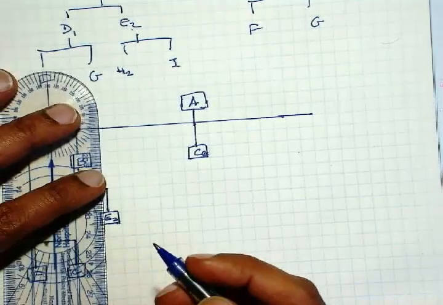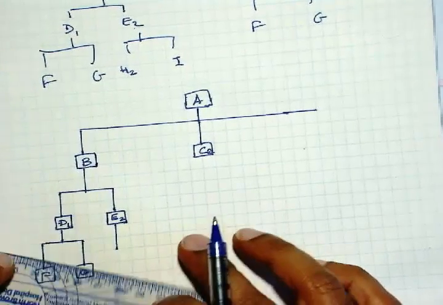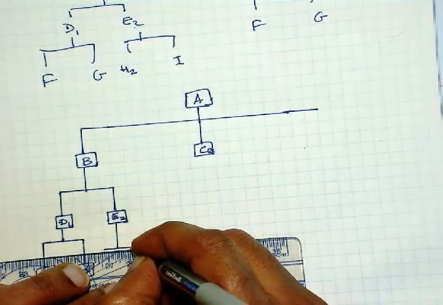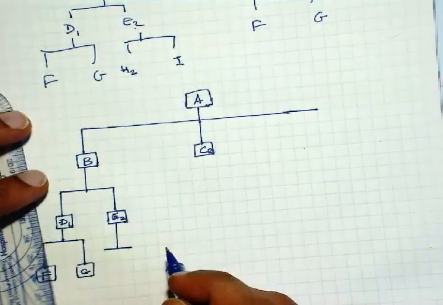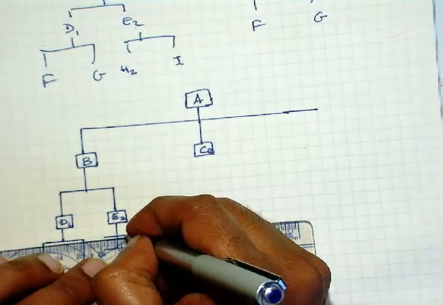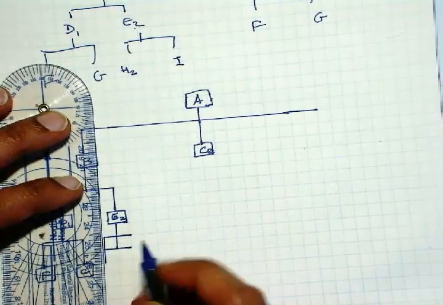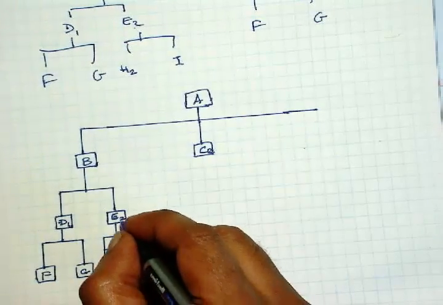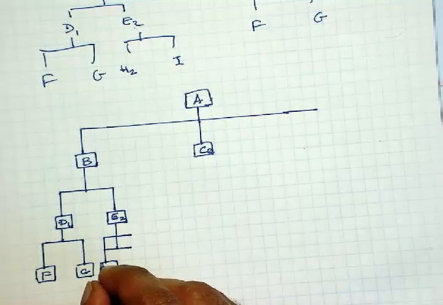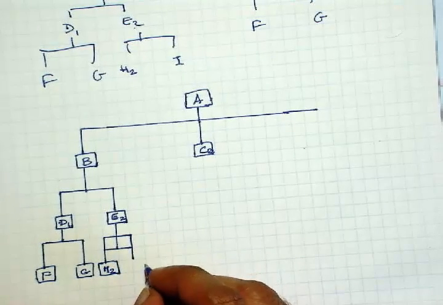Now below E, well, made a mess of this a little bit. Below E we need 2 of H and 1 I.